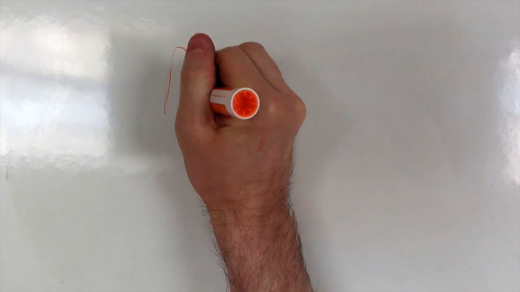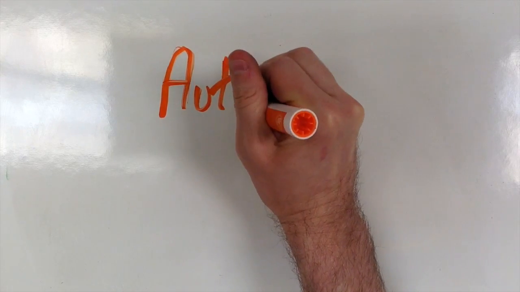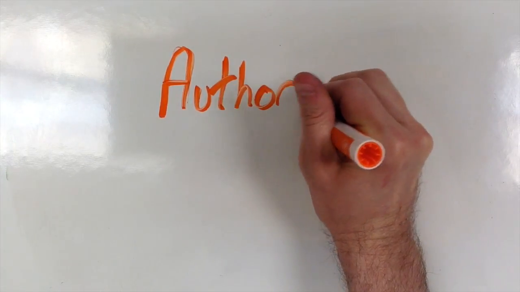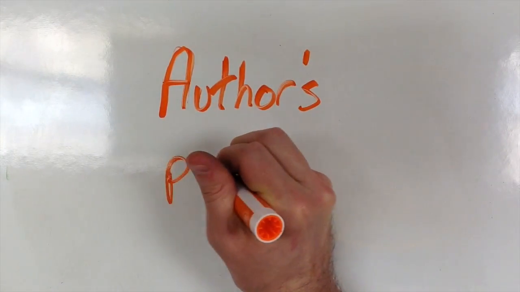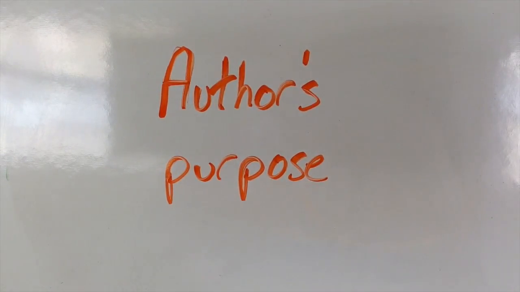So what are we looking for when we look at different text types? One of the first things I do is try to figure out what is the author's purpose of the text. What is it that he or she is trying to accomplish with the text? Sometimes this is really easy to figure out, and sometimes we need to use some clues to determine it.